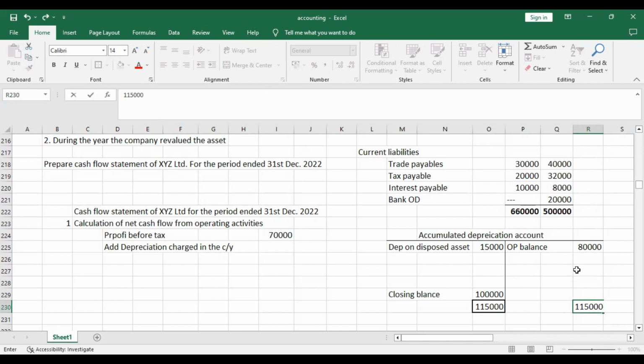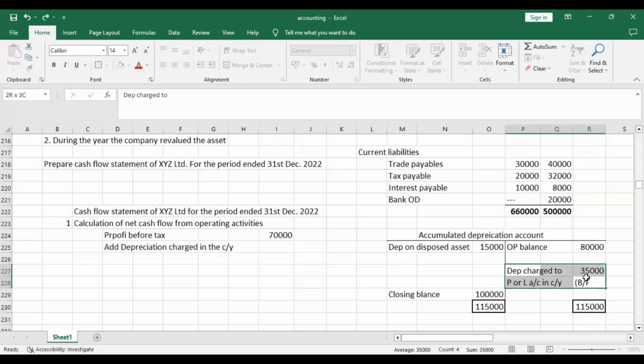Depreciation is the balance figure. So 115,000 minus 80,000 is equal to 35,000. Are you clear? This is called the depreciation charged to the P&L account in the current year. This is a balancing figure.